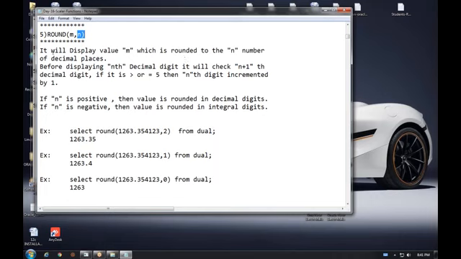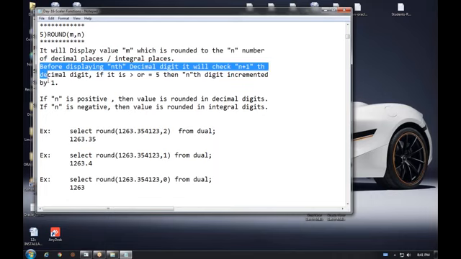So it will display the given value m, rounded to n decimal places or n integral places. Integral places also. But before going to this, let me explain this one.